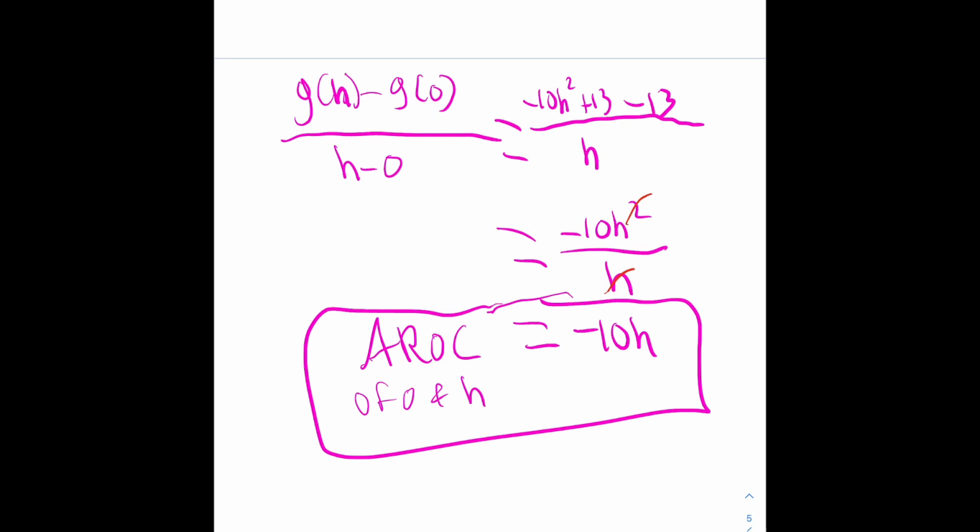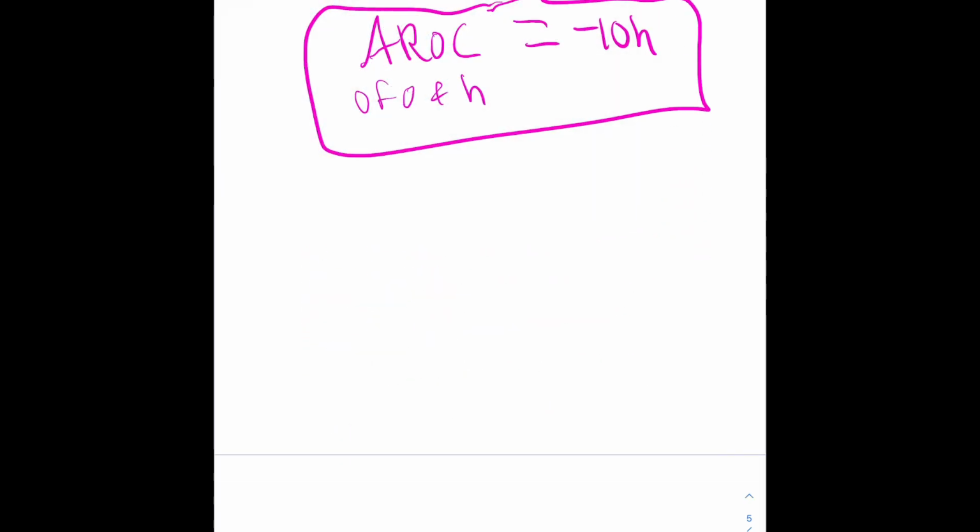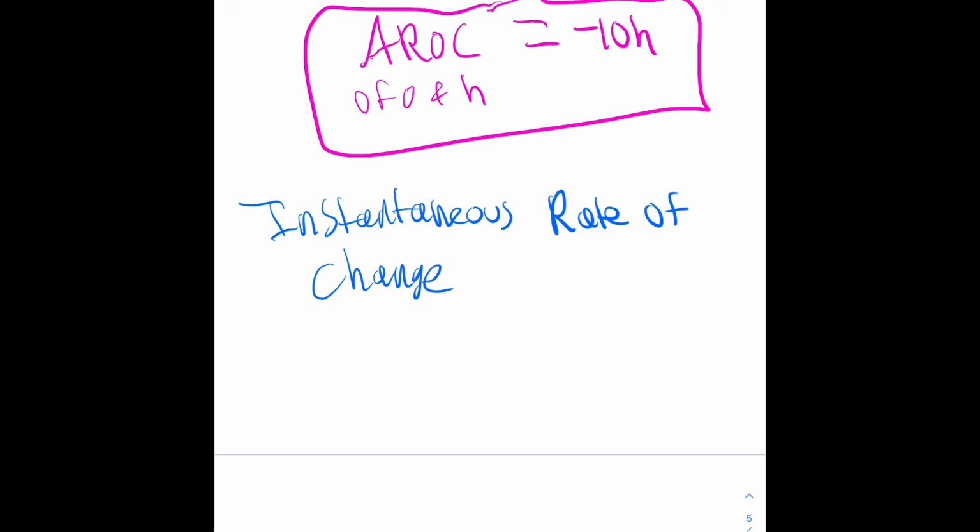We have one more example to do, talking about instantaneous rate of change. Again, as those secant lines or points get closer and closer and closer to 0, we develop a tangent line. So I'm going to say that my function is k of x equals negative 19, and I want to find that at x equals 5.